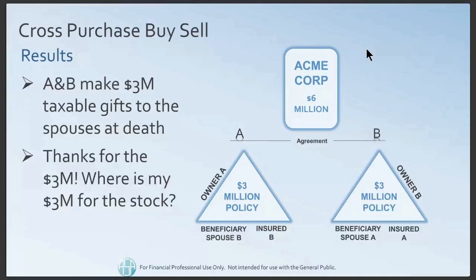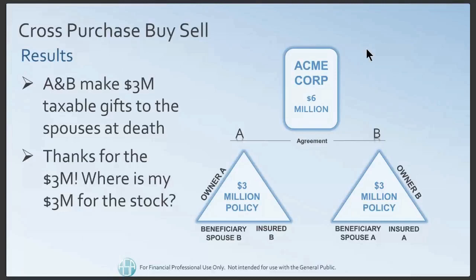And so what happens? Well, at death, whoever passes away, the survivor essentially makes a $3 million taxable gift to the other person's spouse at death with no strings attached.